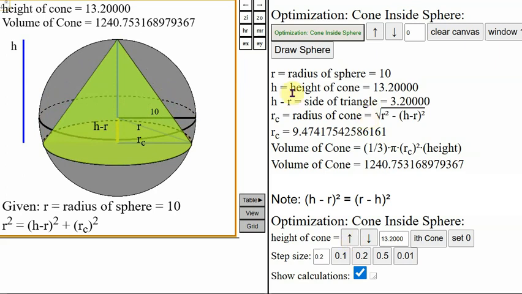Right now the height is 13.2, and so h minus r, this segment right here, is going to be 3.2.